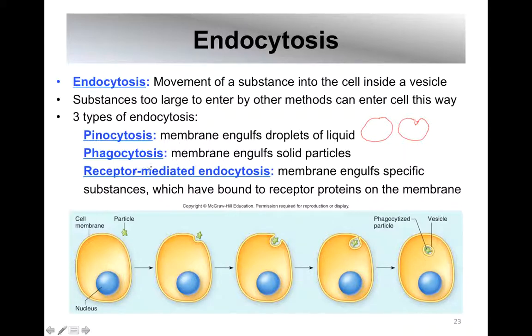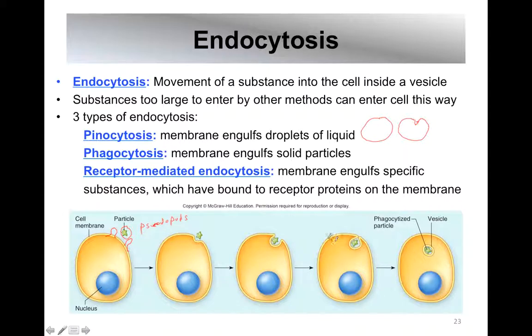Phagocytosis means cell eating, and white blood cells do this a lot. Let's say the cell wants to take in this particle. Maybe it's a bacterium that the cell wants to take in, and this is a white blood cell. The cell actually reaches out and uses these things called pseudopods, or fake feet, to reach out and grab the material.